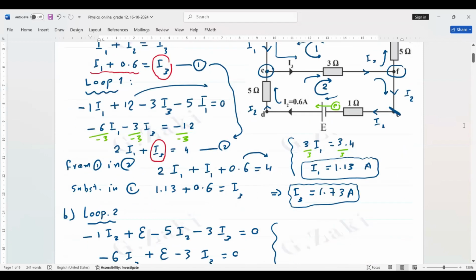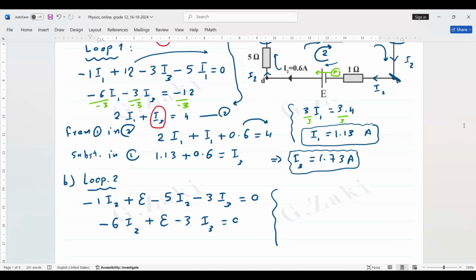I2 is 0.6. Then negative 6 multiplied by I2, which is 0.6, plus the electromotive force, minus 3 multiplied by I3, which we got before, 1.73, equals 0. Now use your calculator: negative 6 multiplied by 0.6 minus 3 multiplied by 1.73.